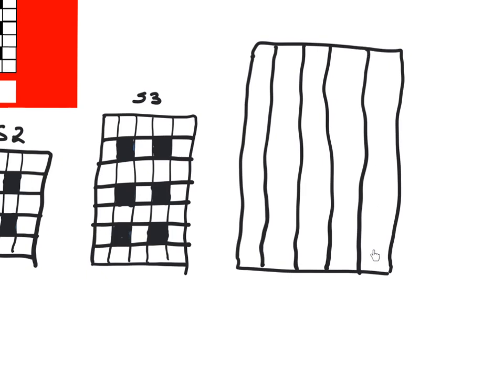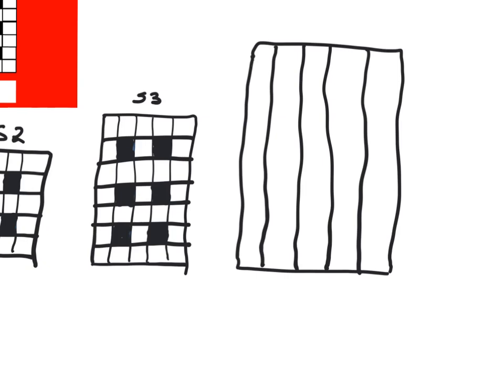Four lines give me 5 columns: 1, 2, 3, 4, and 5 columns. Perfect. Now, since section 3 has 1, 2, 3, 4, 5, 6, 7 rows, we know we need to add 2 more to that, so that would be 8 and 9 rows for section 4. 9 rows means 8 lines going across.